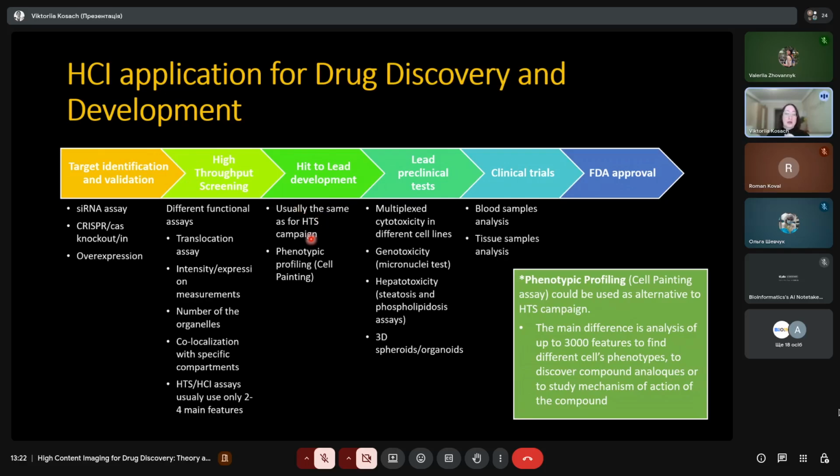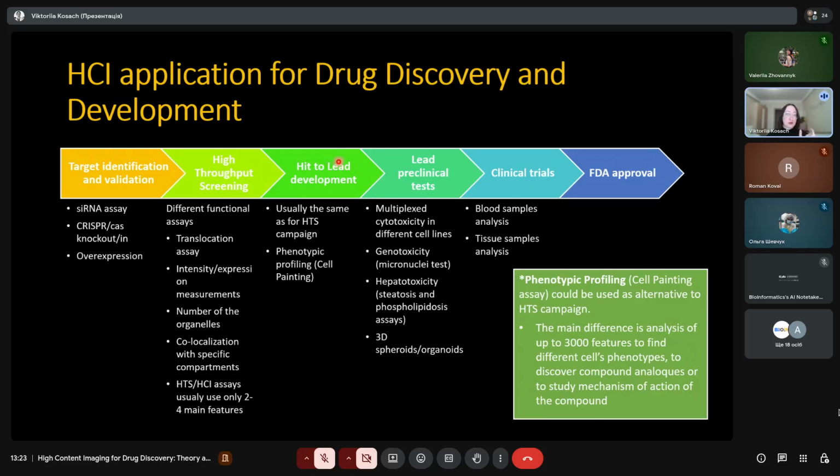However, you could also apply some phenotypic profiling. Phenotypic profiling is when you are just looking at the different morphology features of your cells, and comparing the morphology of the cells treated with your hit compound and cells treated with new analog compounds.